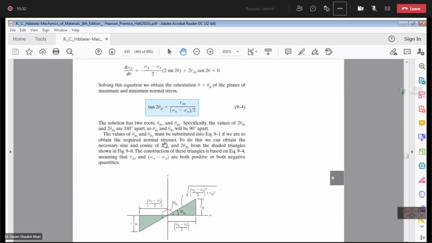Is this point clear? If you have any query, please ask me now.